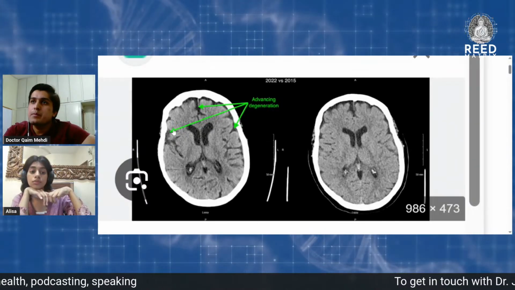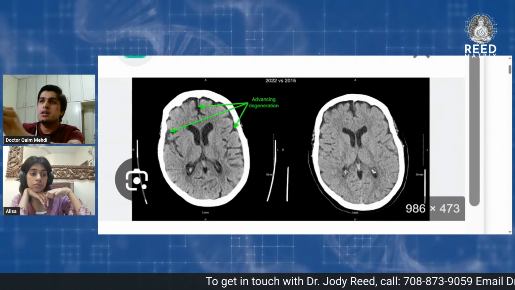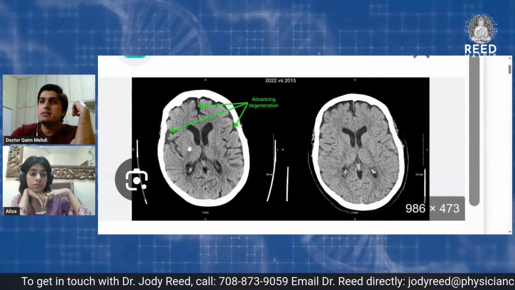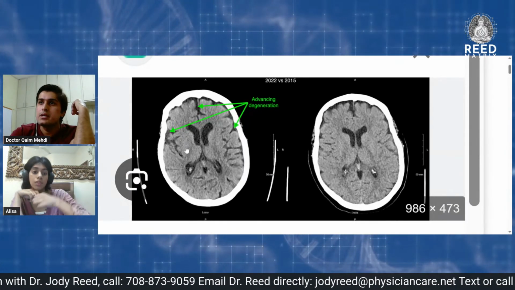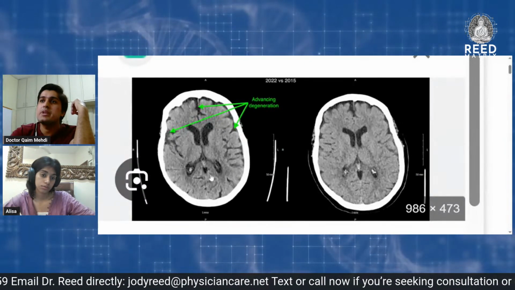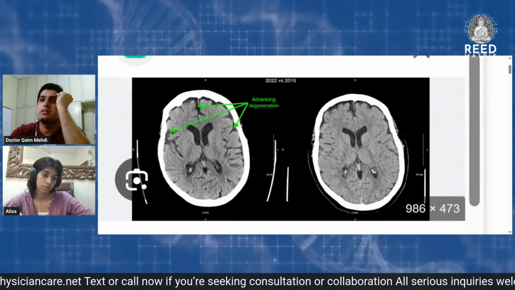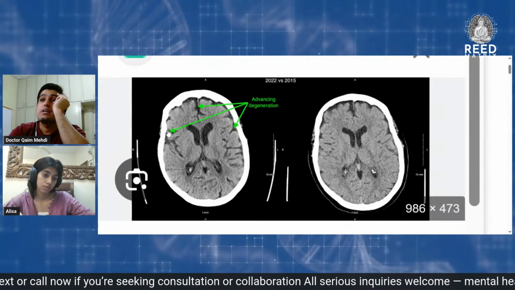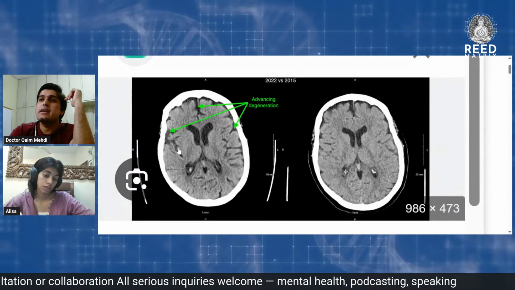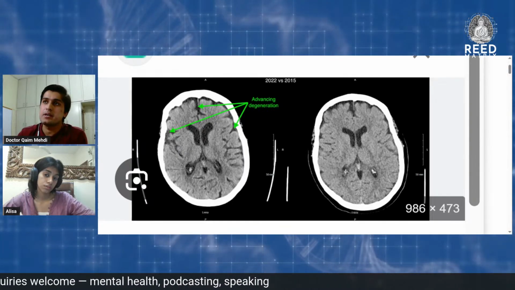So here these hypodense areas, hypodense means those areas which are less dense than the normal brain area. This is the normal brain tissue, the grayish portion you are seeing. These are ventricles, but we are not talking about them right now. So these hypodense areas indicate that there is some kind of neuronal damage or atrophy going on in the brain.